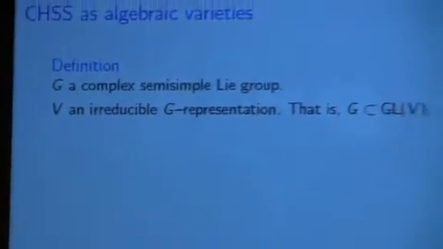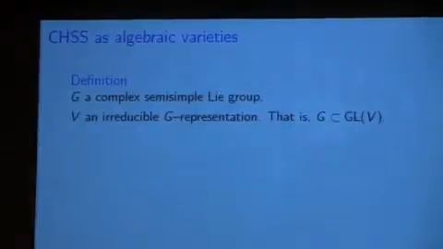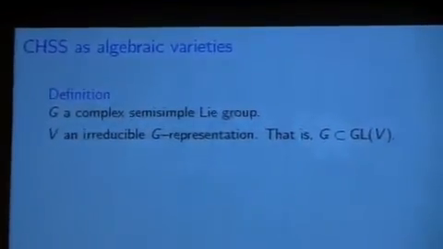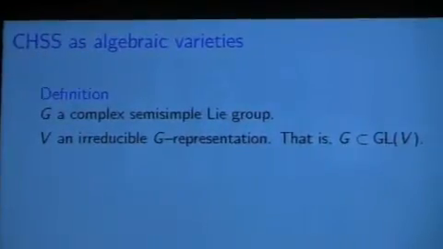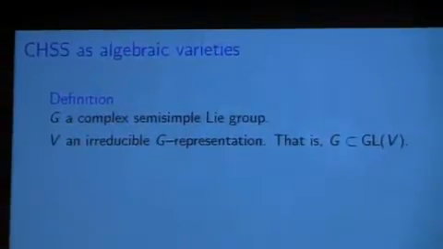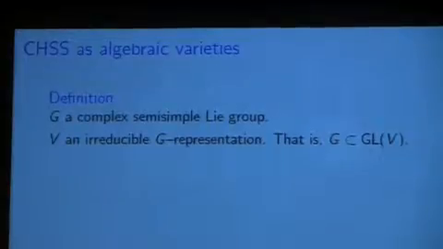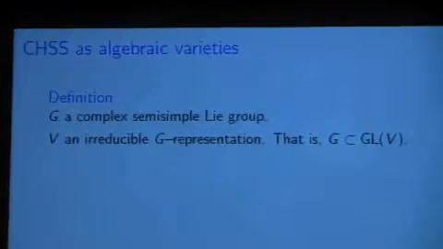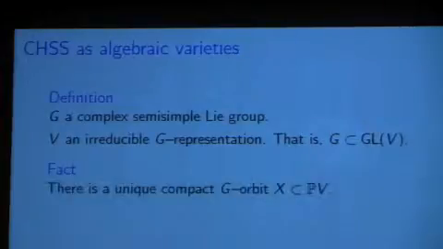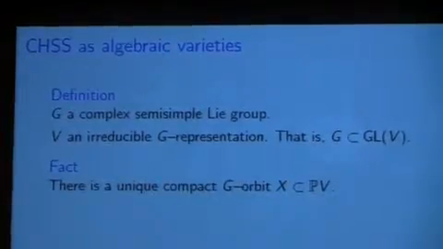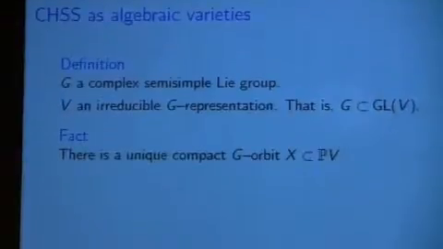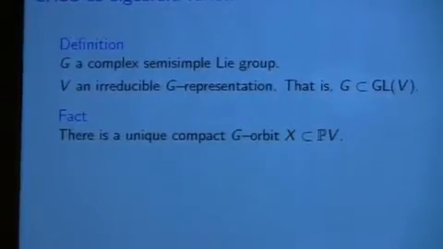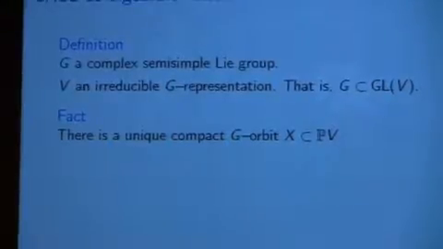Okay. So you can visualize these or think of these spaces as algebraic varieties. You pick an irreducible G representation. So you're thinking of your compact Hermitian symmetric space as sitting inside the general linear group of some complex vector space. And if G acts irreducibly, so it doesn't preserve a proper subspace, then there is a unique compact orbit in the projectivized vector space.